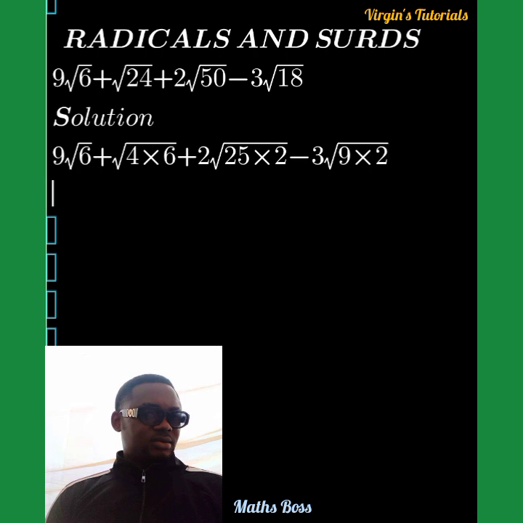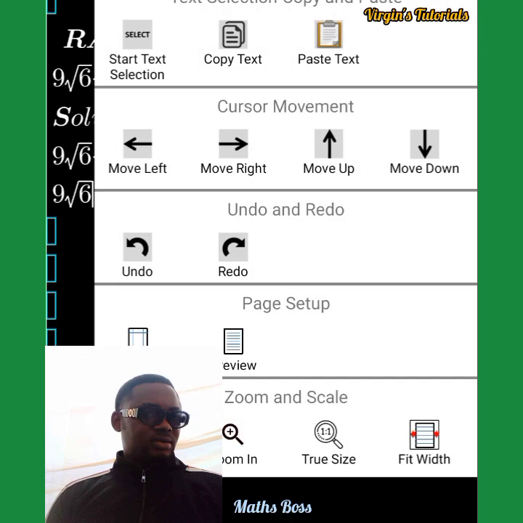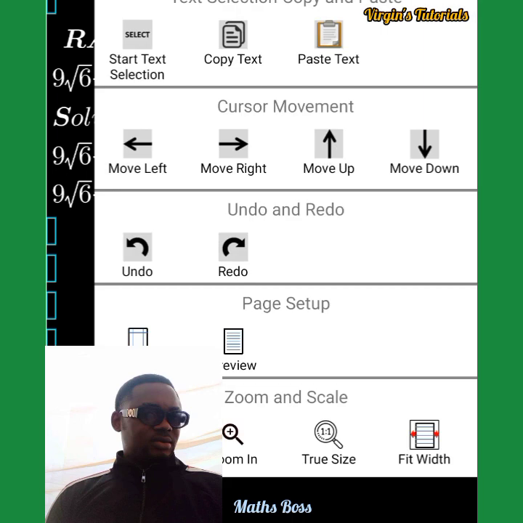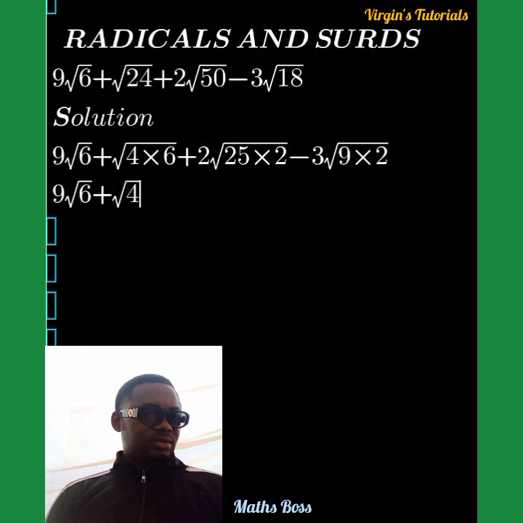Now we have again 9 square root of 6, then plus, applying the radical law, square root of 4 multiplying the root of 6.